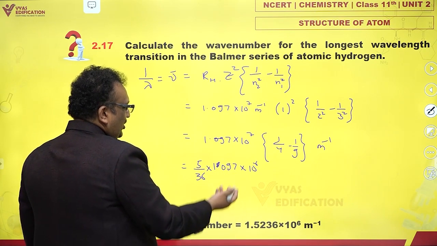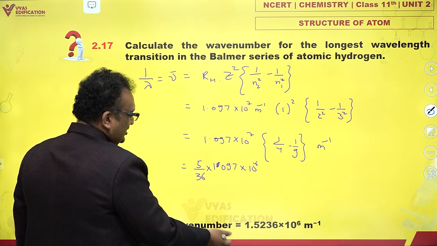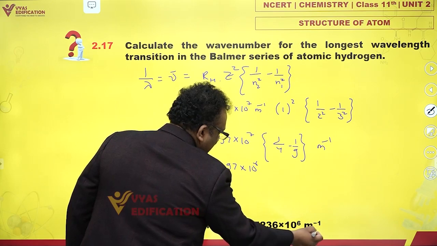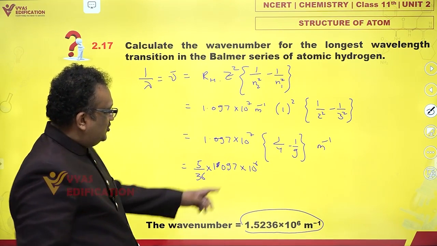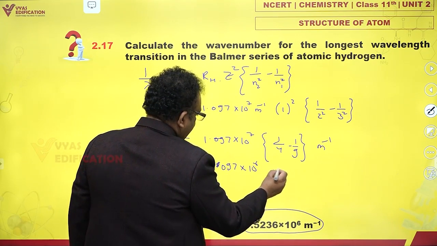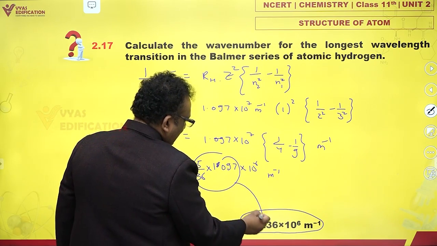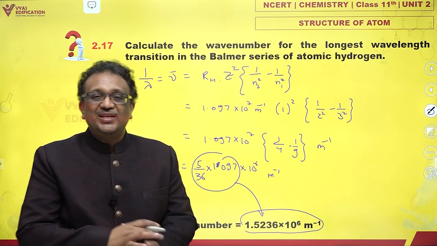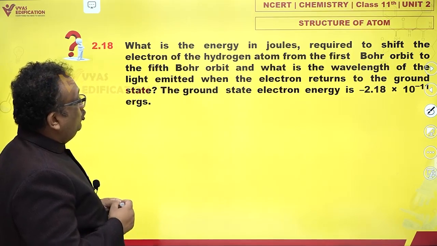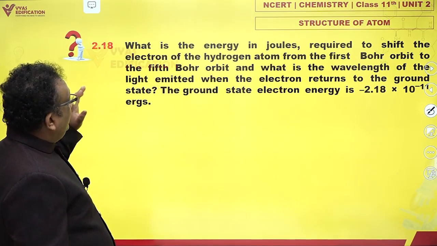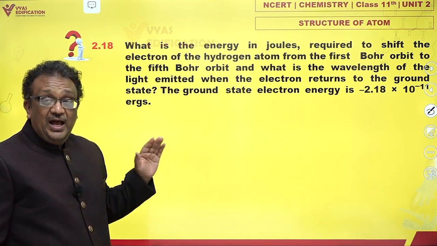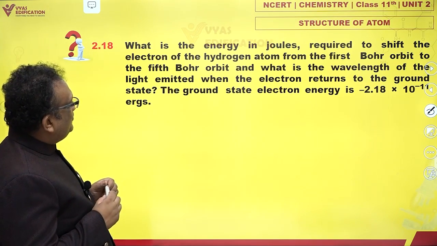Once I make this calculation, I divide this 55 by 36, I get this as the answer. 10 raised to 6 per meter has already come, and on solving this, you get the number 1.5236.